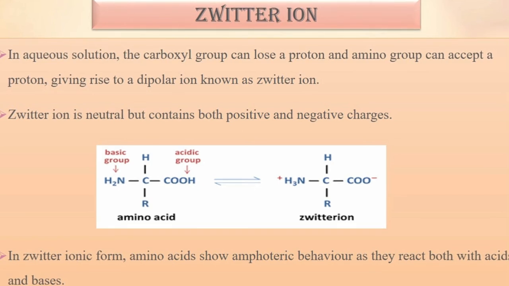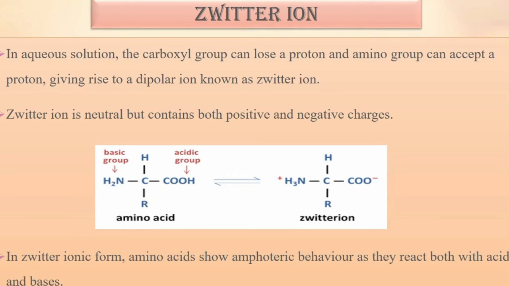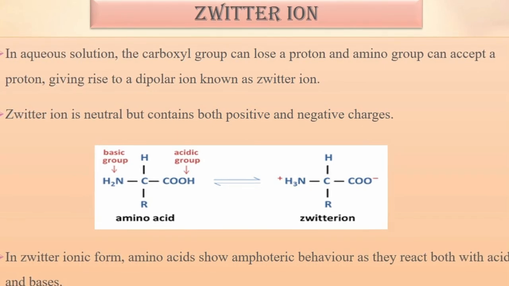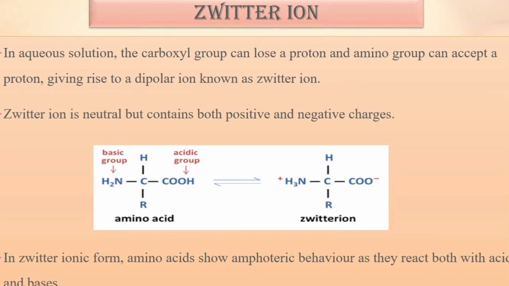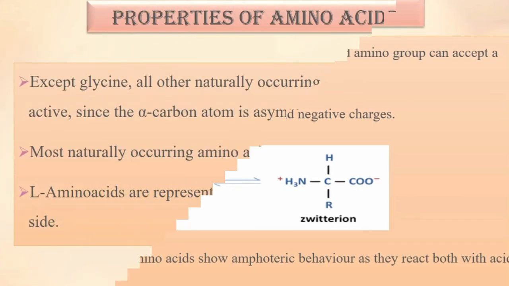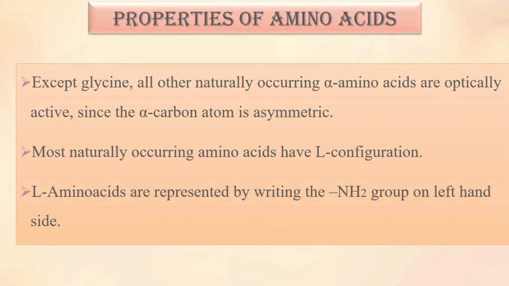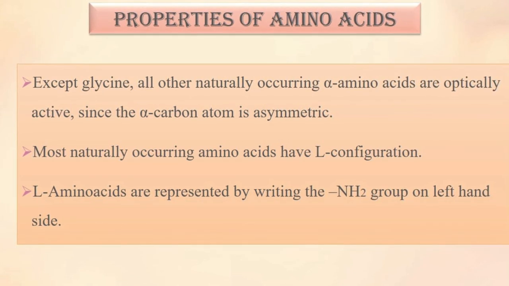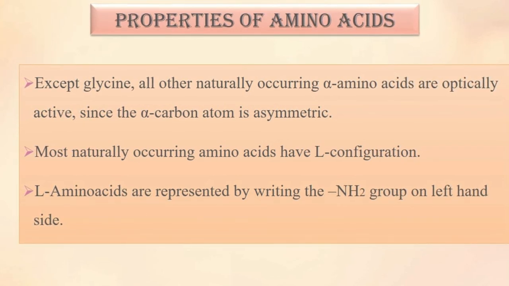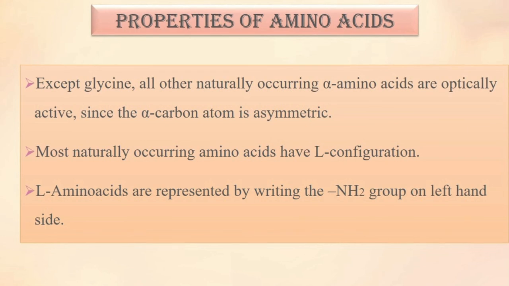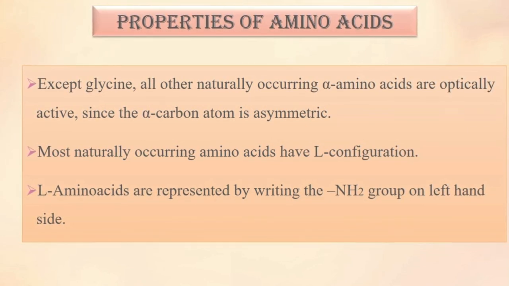In the Zwitter ionic form, amino acids show amphoteric behavior, which means they can react both with acids as well as with bases. Except glycine, all the other alpha amino acids are optically active because the alpha carbon in these amino acids is asymmetric in nature.